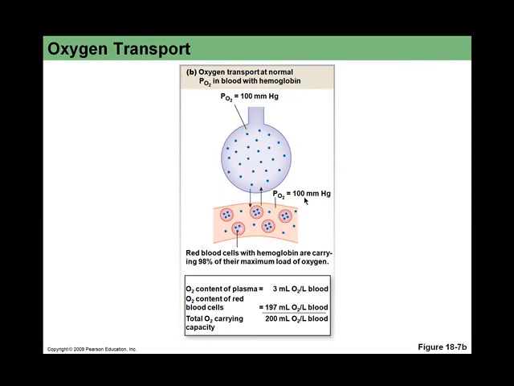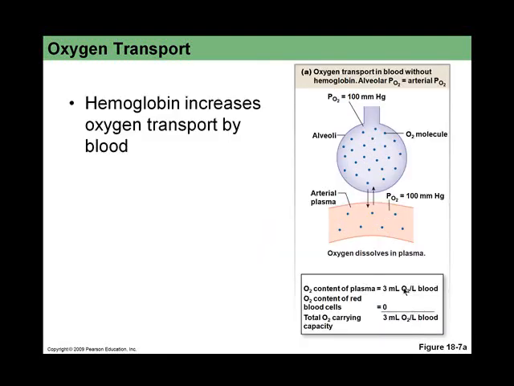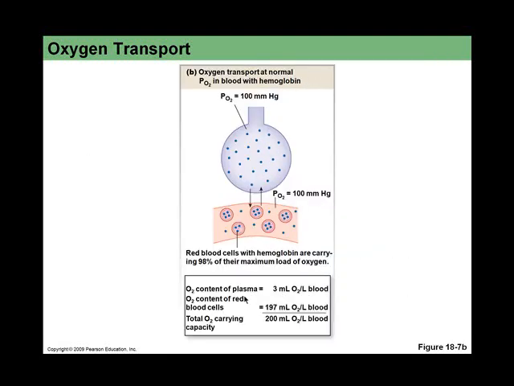same PO2 of 100 millimeters of mercury on the venous side of the pulmonary circuit, but the red blood cells with the hemoglobin are carrying 98% of their maximum load of oxygen. We see that the O2 content is going to be the same. It's still the 3 mLs, right, of dissolved. And then the content of the red blood cells is 197 mLs of oxygen per liter of blood.